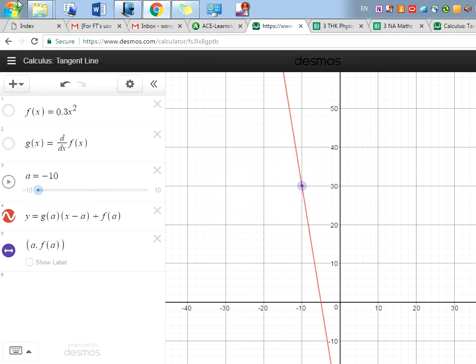Okay, mark out a cross, and I want you to try and use a ruler to draw a tangent line at this point. So you need a ruler and a pencil. Done?